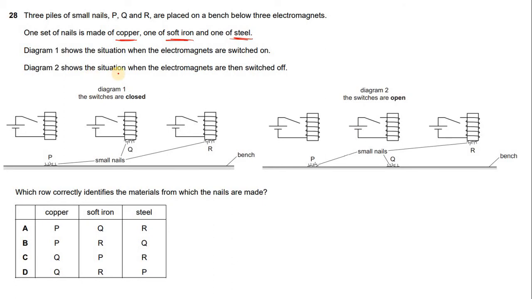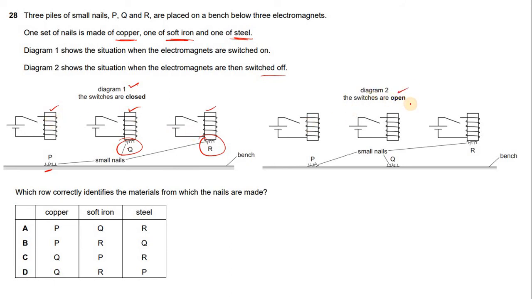Diagram 2 shows when the electromagnets are switched off. So this is diagram 1. The switch is closed, which means all are electromagnets and attracting. So these are nail P, nail Q and nail R. Nail P does not attract. Q and R are attracted because the circuit is on. So this is the electromagnet working.